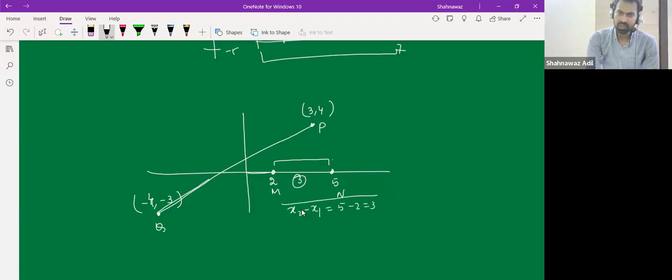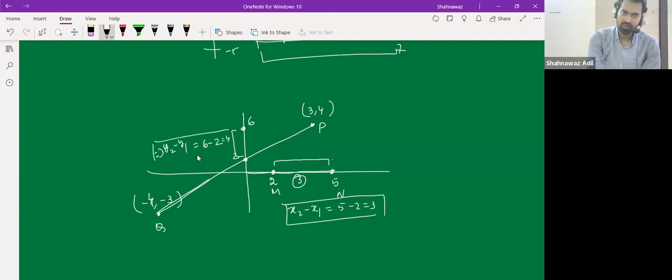This would be the distance on the x-axis. And let's say this is 6 and this is 2. The distance between these 2 points would be 6 minus 2, which is y2 minus y1.